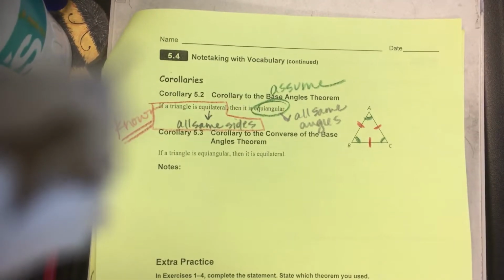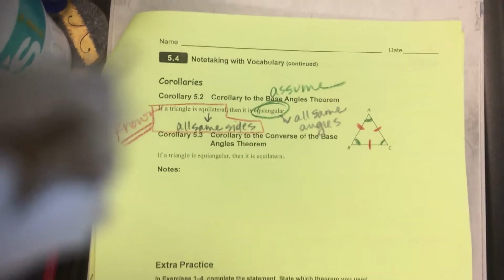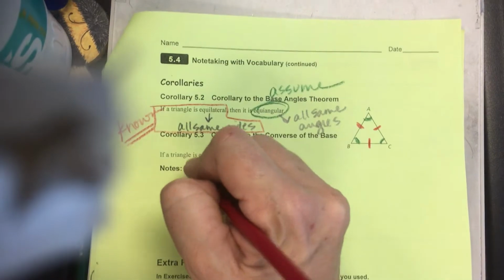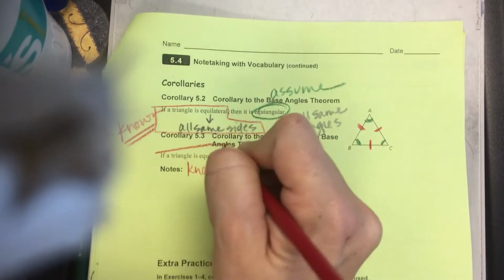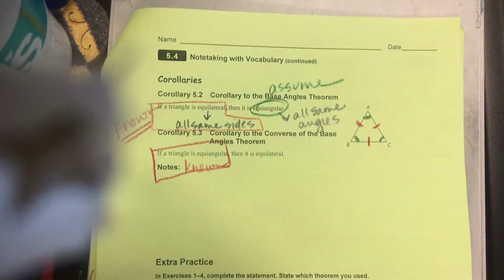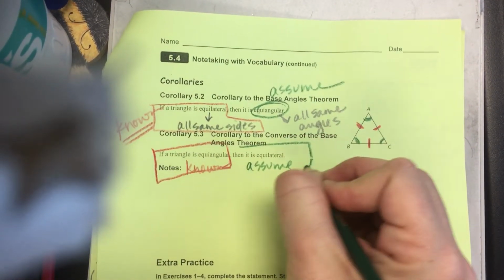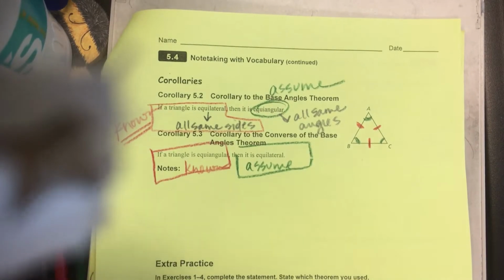And then the converse of it goes back and says the exact same thing in the other direction. If it is known that we have all the angles the same, then it is assumed that the sides are the same. Known that all the angles are the same, assume the sides are the same.